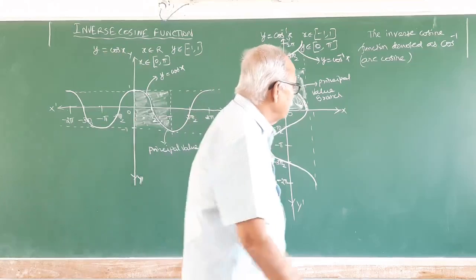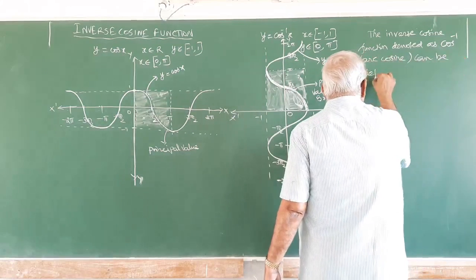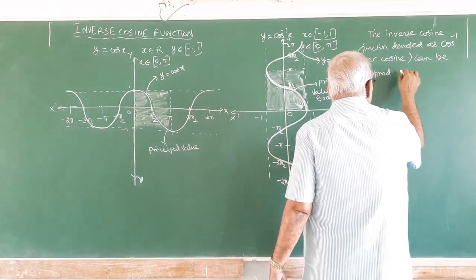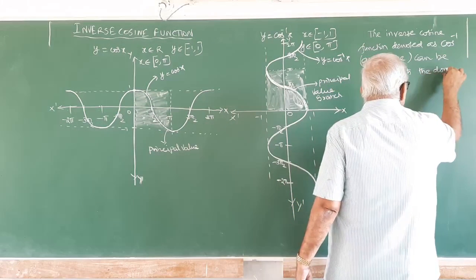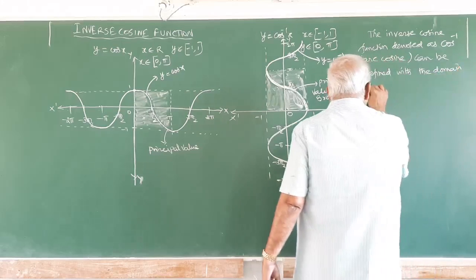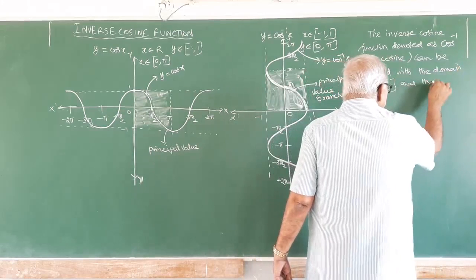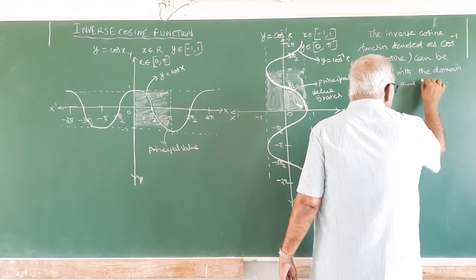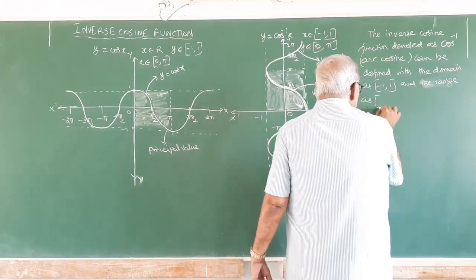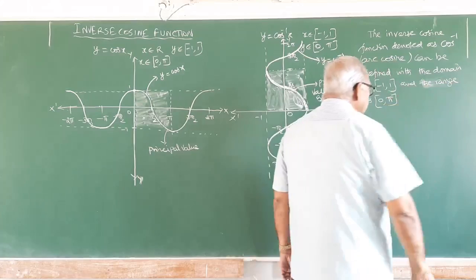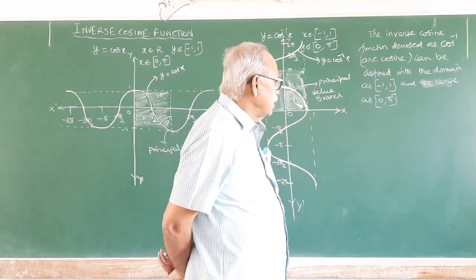So the inverse function denoted by cos inverse can be defined with the domain as the closed interval minus 1 comma 1 and the range as 0 to pi. The range as 0 to pi. Okay. Now this is this one.